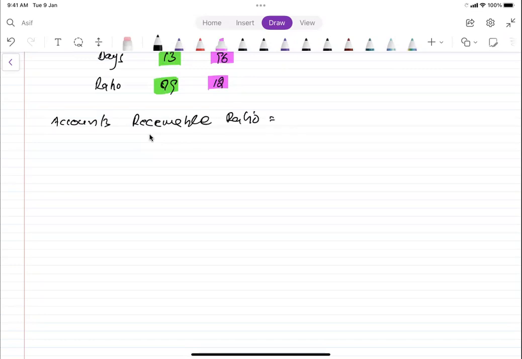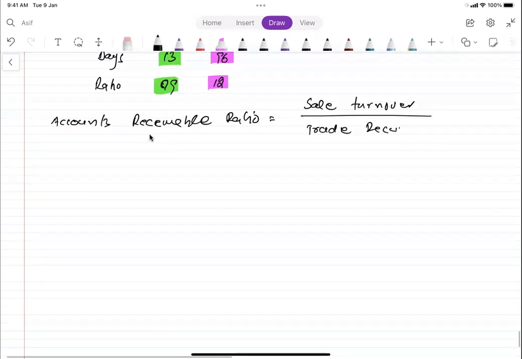The formula for the accounts receivable ratio is sales turnover divided by trade receivable. Similarly, if we want to calculate accounts receivable in days, how do we calculate it? The name is days sales and receivable ratio.